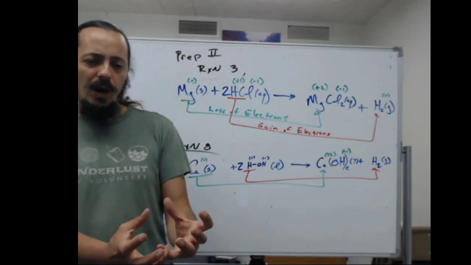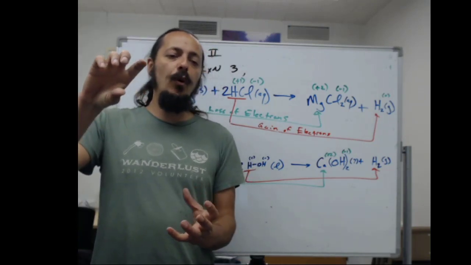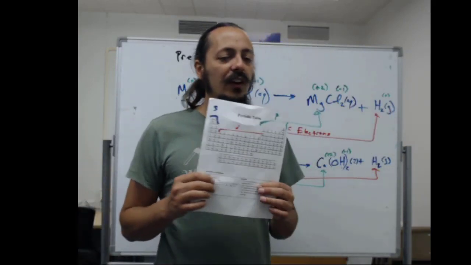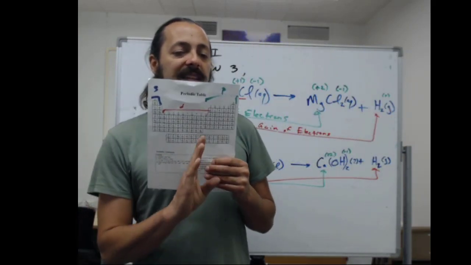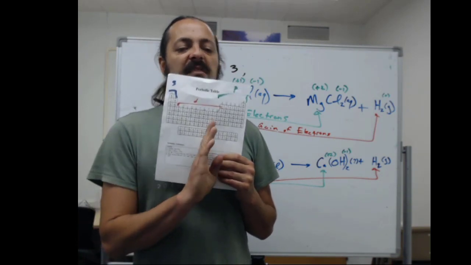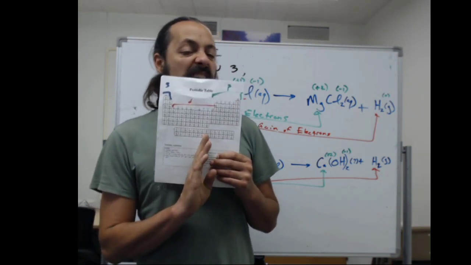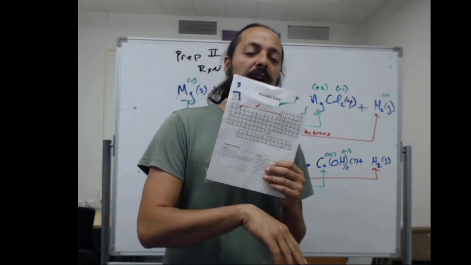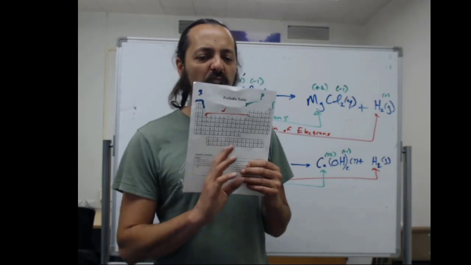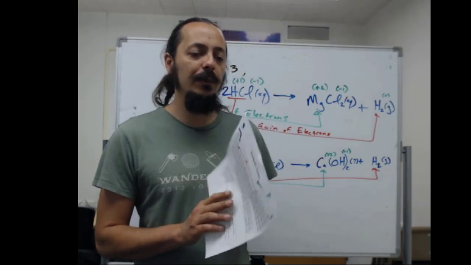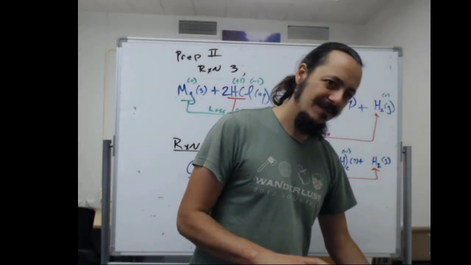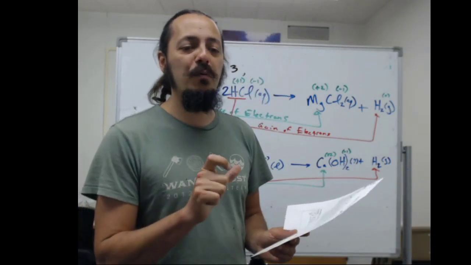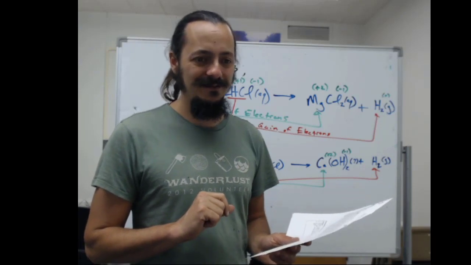If I had a cup of water, there's a limit to how much salt I can pour in for it to dissolve. Now, this idea of soluble and insoluble has a particular arbitrary cutoff. Scientists kind of decided if more than 1 gram dissolves, we'll call it soluble. If less than 1 gram dissolves, we'll call it insoluble. It turns out calcium hydroxide straddles that definition.